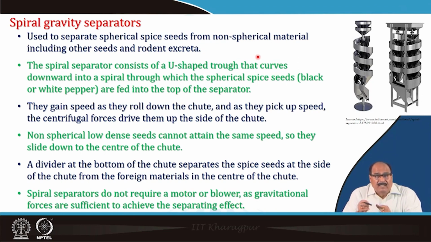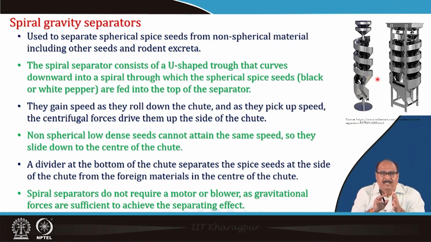The spiral separators, as you can see here in the figure, consist of a U-shaped trough that curves downwards into a spiral trough, into which the spherical spice seeds like black or white peppers etc. are fed at the top of the separators. They gain speed as they roll down the chute, and as they pick up the speed, the centrifugal forces drive them up the side of the chute.